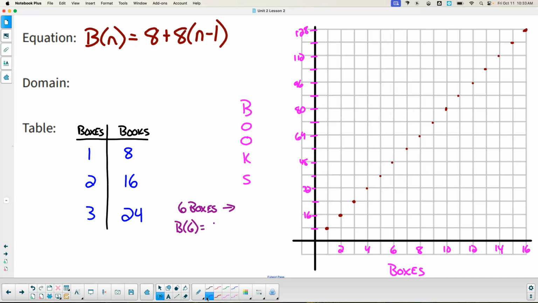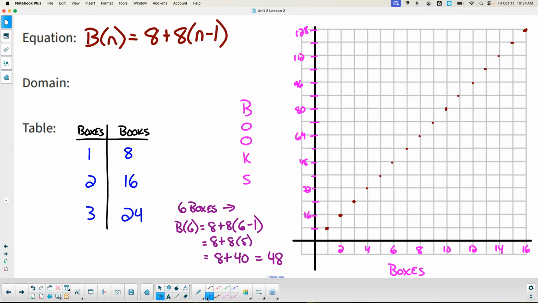B of 6 is going to equal 8 plus 8 times 6 minus 1. 6 minus 1 is 5. 8 times 5 is 40. And 8 plus 40 is 48.